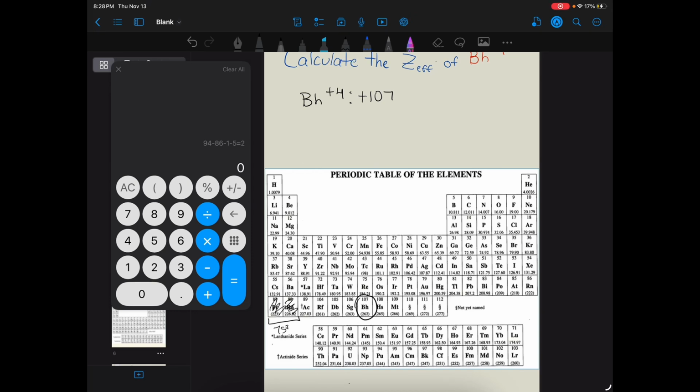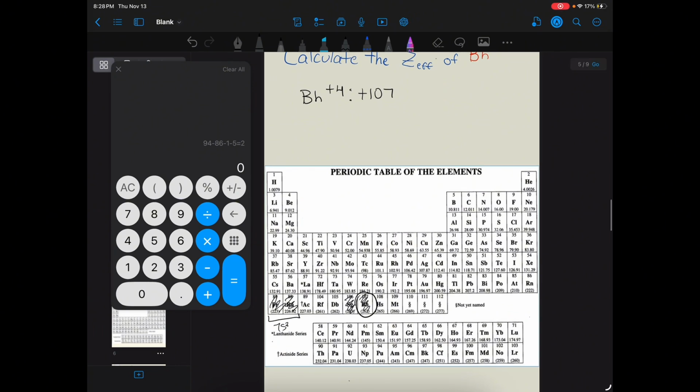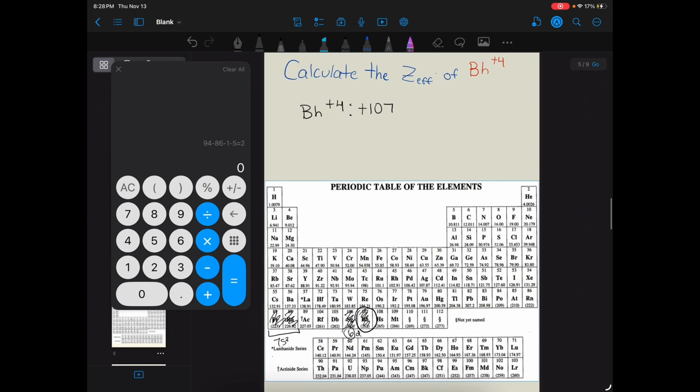For these types of problems, when calculating Z effective, it doesn't necessarily matter which level 6 electrons you eliminate. So I would just go ahead and eliminate 107 and 106, just for simplicity's sake. And these are again in the 6d orbital, so that still is a level 6.